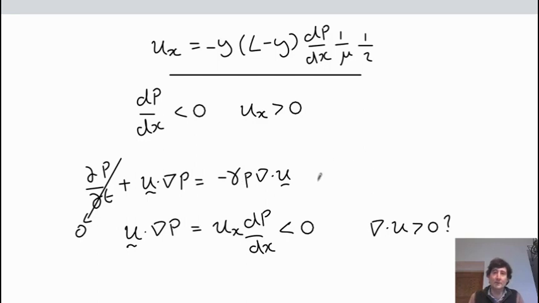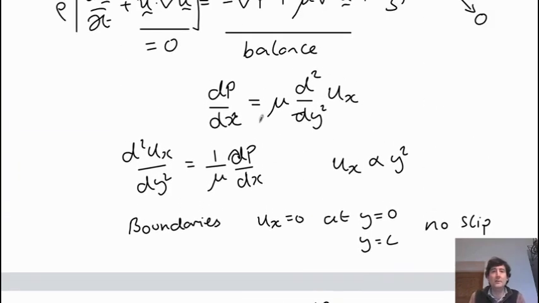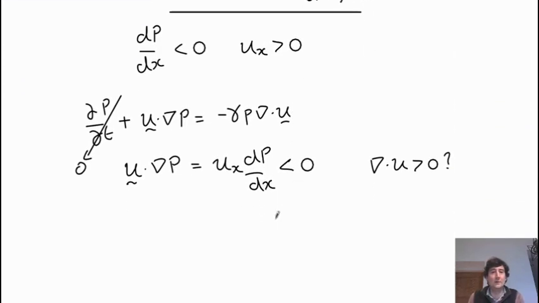What we need is an extra term on this right side here, and we can find out what that term is by essentially balancing this pressure against the viscosity. So we said way back at the beginning up here that this dp by dx is driven by this viscosity, so dp by dx is just mu d2 u by dy squared. And so I'm going to write down what this is. So this is equal to ux, and now we have mu d2 ux by dy squared.